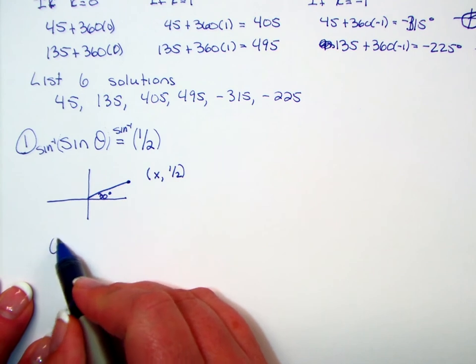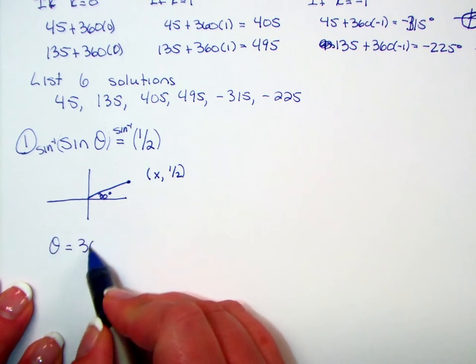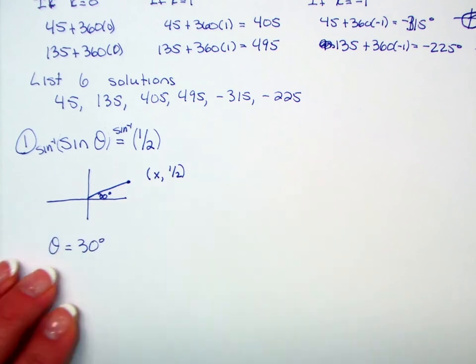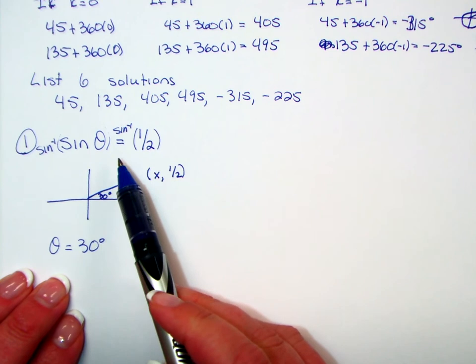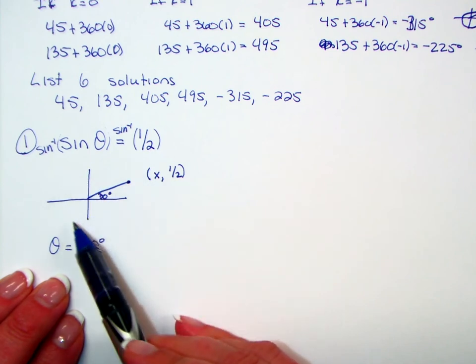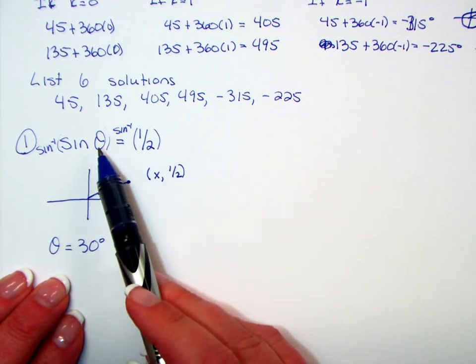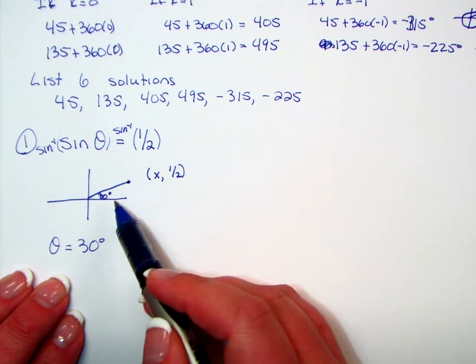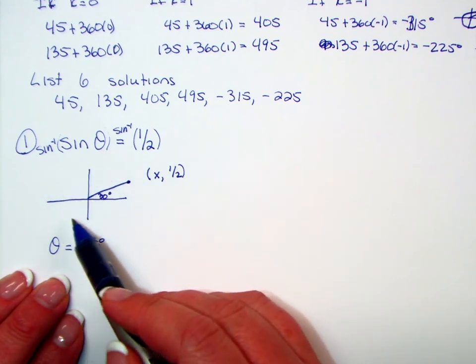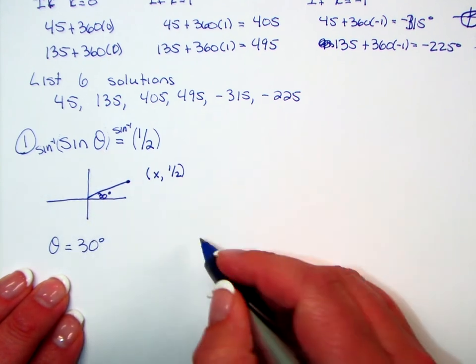Theta equals 30 degrees. But the fundamental solutions are all the solutions from 0 to 360, right? Because the period of sine is 2 pi, or 360. So I want all the solutions from 0 to 360, right?